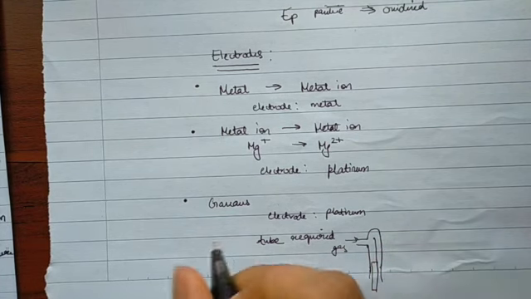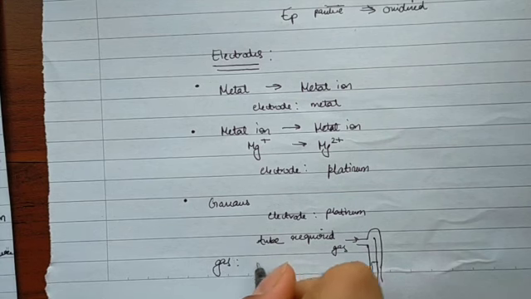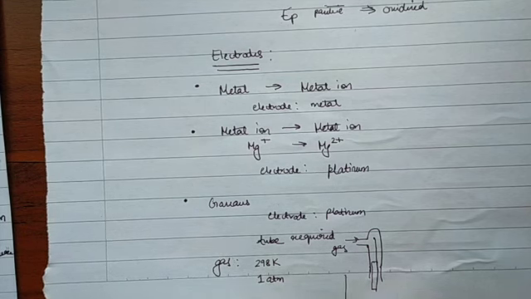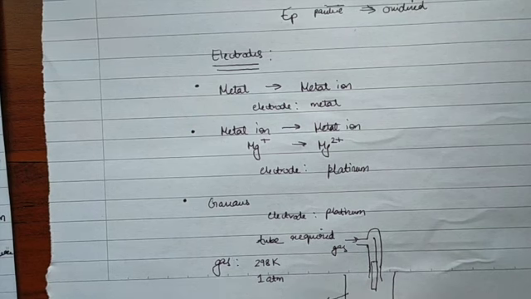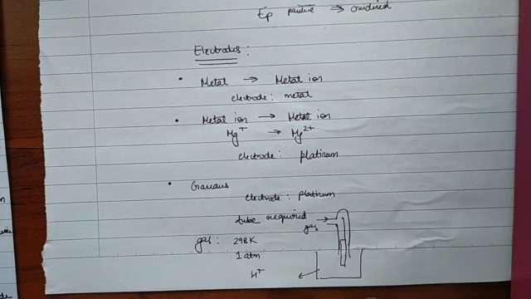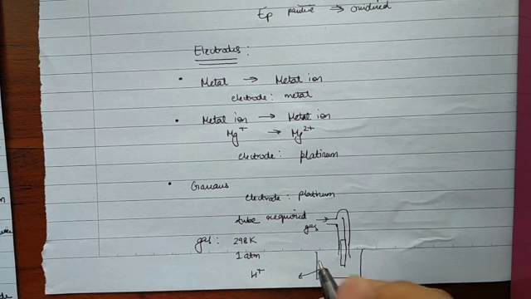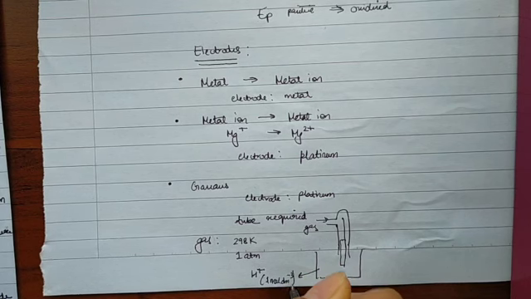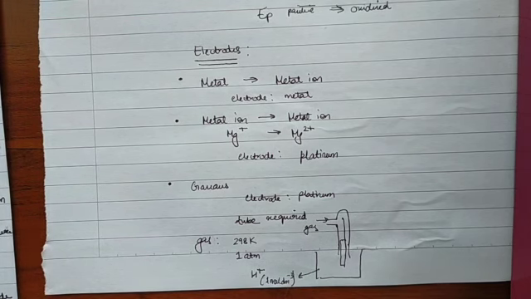The gas has to be at 298 K and 1 atm pressure, and the solution used will always be an H+ solution, so it could be sulfuric acid or any other acid, with a concentration of 1 mol per decimeter cubed.